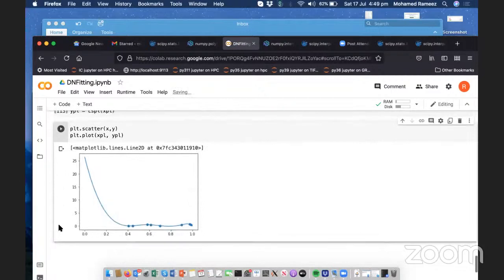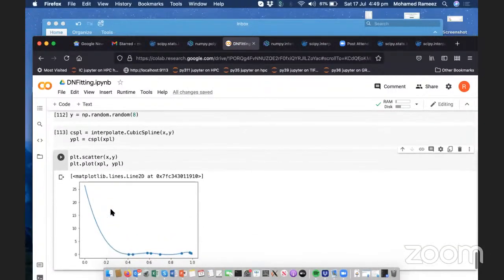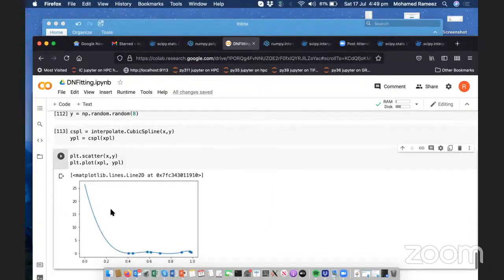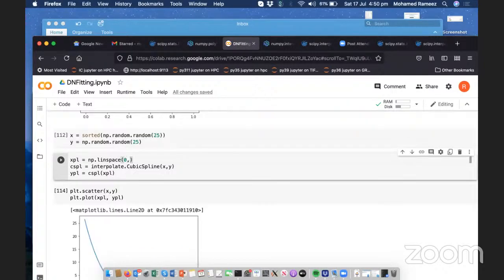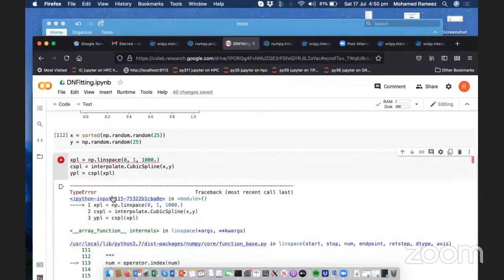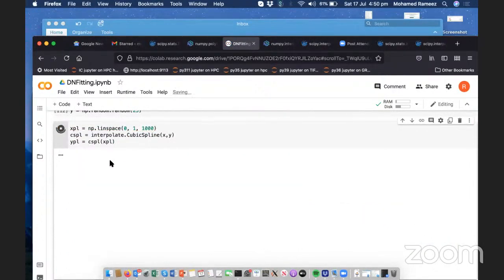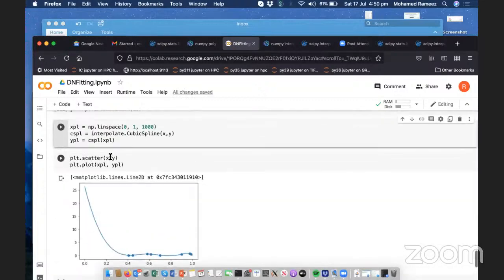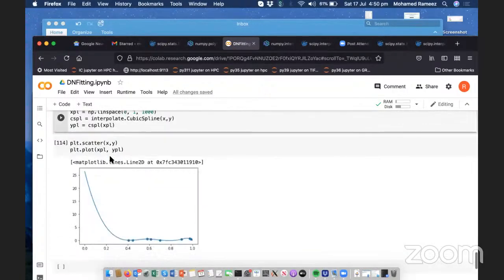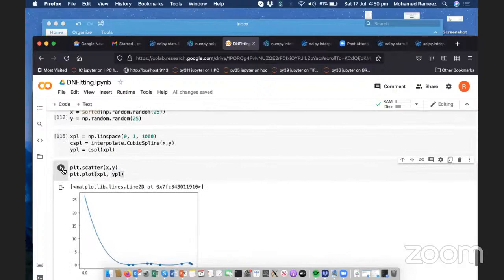Yeah, so if I were to, because this should be an integer, which is why it's complaining. Now, let us examine what this will look like now.